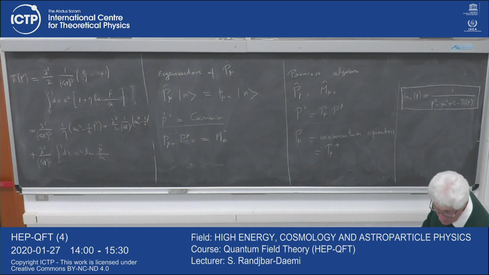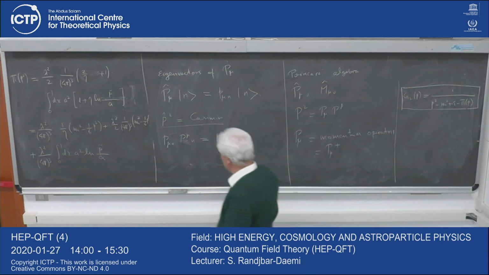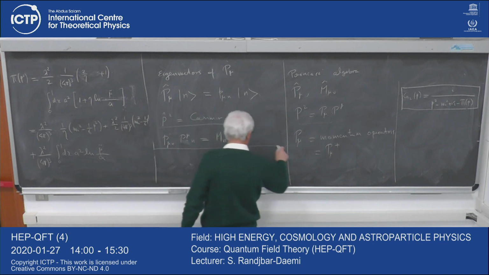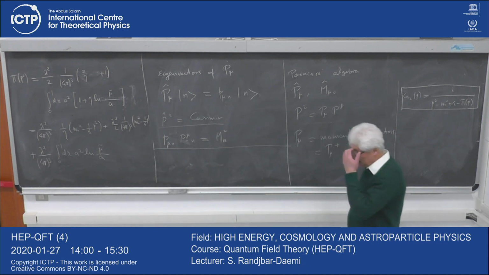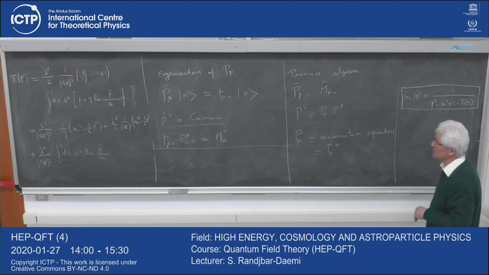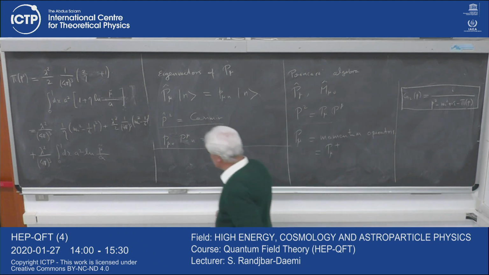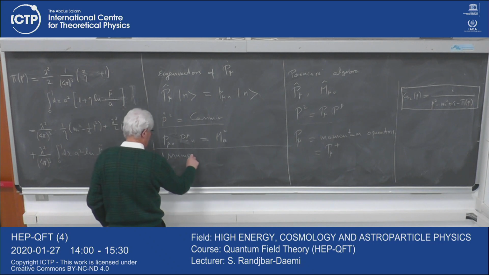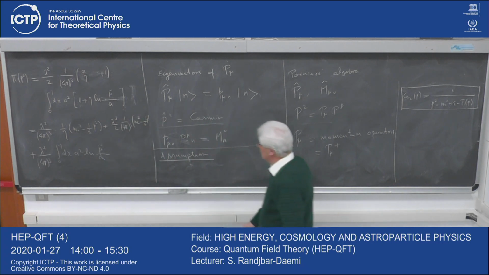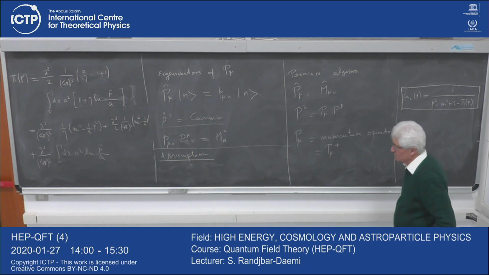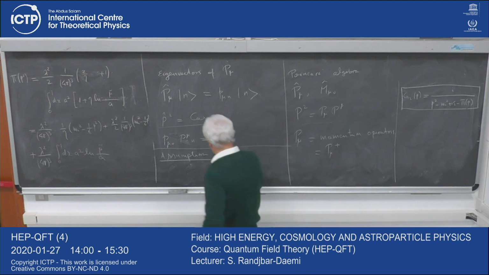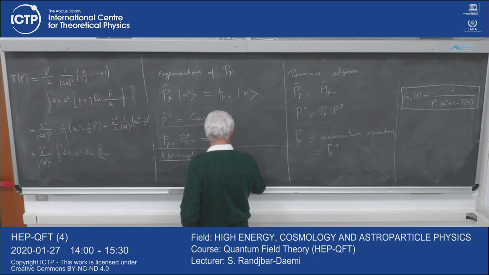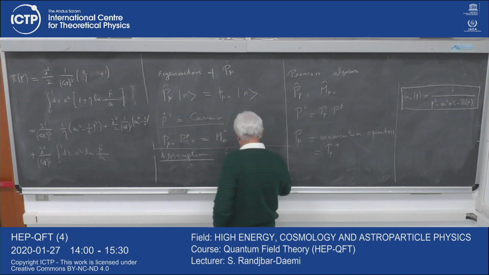Now, here is another way of saying what the physical states are, or some statements about the spectrum of eigenvectors and eigenvalues of this operator. The first assumption is that there is a lowest eigenvector, which we denote by vacuum, on which all these operators act and leave zero.